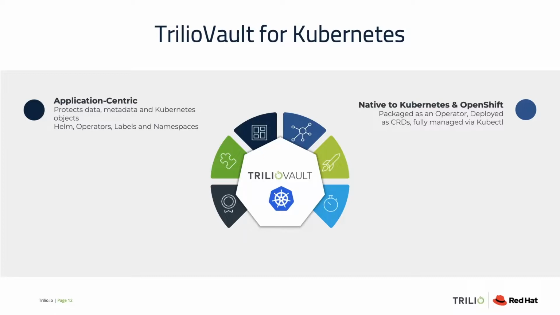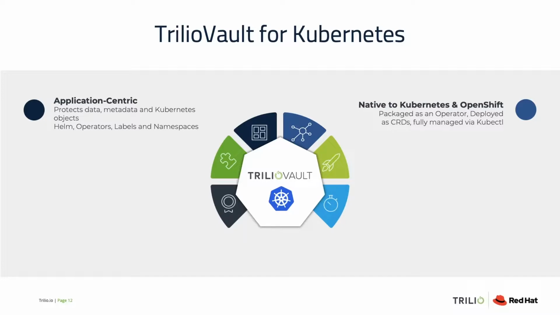The OLM framework is a framework which you align to, and if you do that, you are available within the operator hub, which is the marketplace for Red Hat OpenShift. So not only are we available as a Helm chart, but we are also available within the operator hub for OpenShift via a single click install.